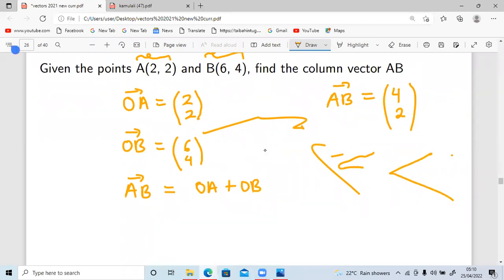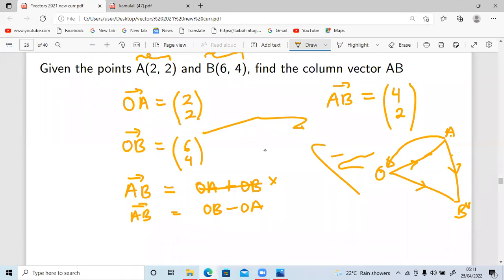Remember I told you that when you have vectors A and B, and this is O, to go from A to B you use this direction. But this is OA, this is OB. So A to O is always in reverse order. So Karen, from today onwards, this one is not right. Always it is OB minus OA. Karen, is this fine? Yes. Okay, Karen, now surprise me. Tell me, what if you have PQ? What will be your definition?